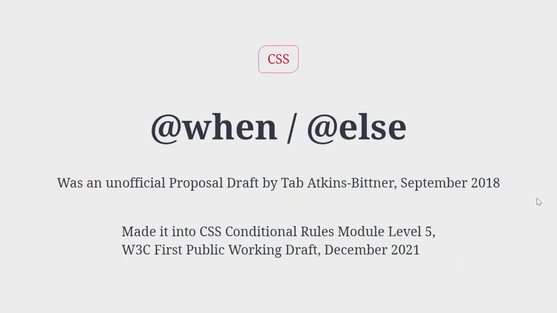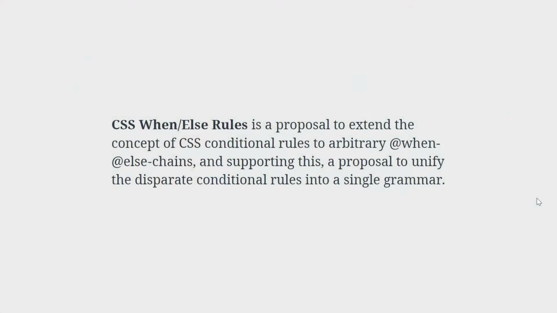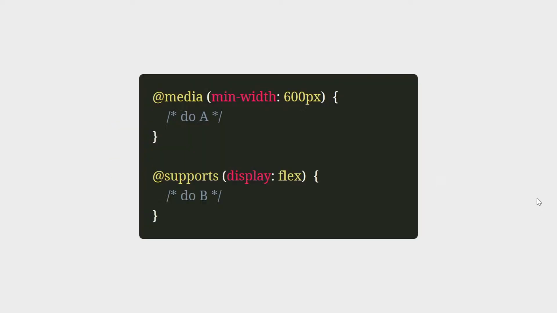We might be getting something like if-else. It's called here @when/@else. It was an official proposal draft by Tab Atkins-Bittner in 2018, but in the meantime, it made its way into a public working draft. And the idea is to chain different rules together and add an else rule.